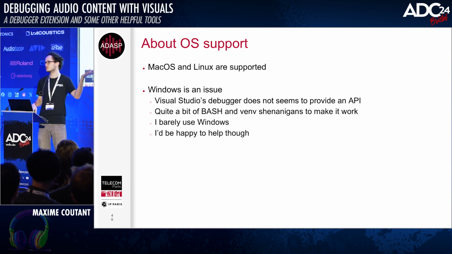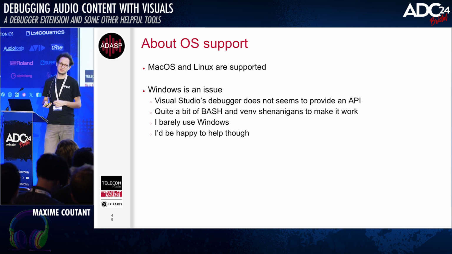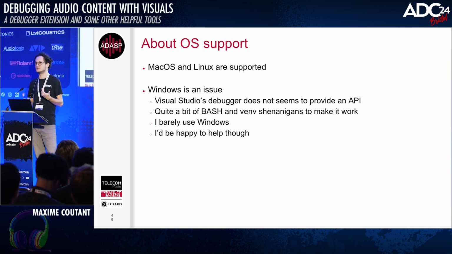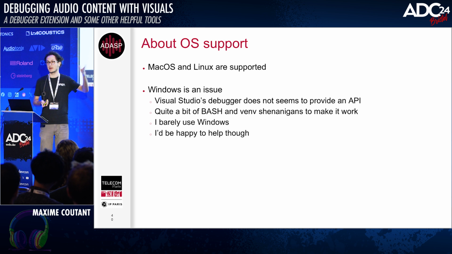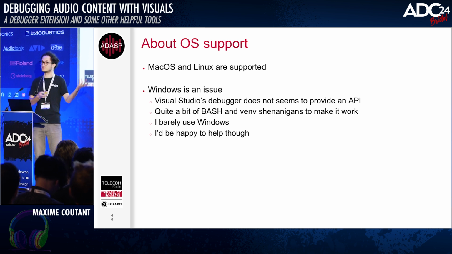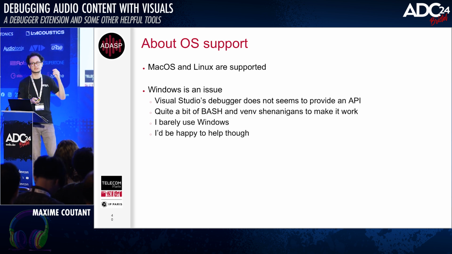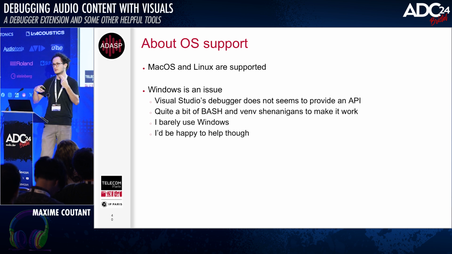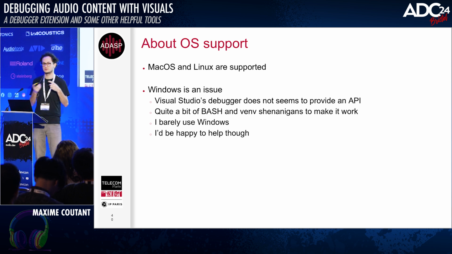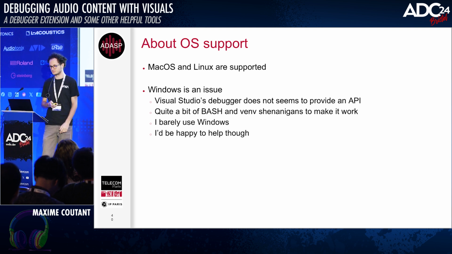So I don't know how this will work in Windows, but probably it could be adapted. And most importantly, I barely use Windows and never used it for dev. But I'd be happy to help if someone wants to give it a try and make it work there. I know that you might be able to use GDB and VS Code, but that would require you to use the GNU compiler and not MSVC, so it might be tricky.